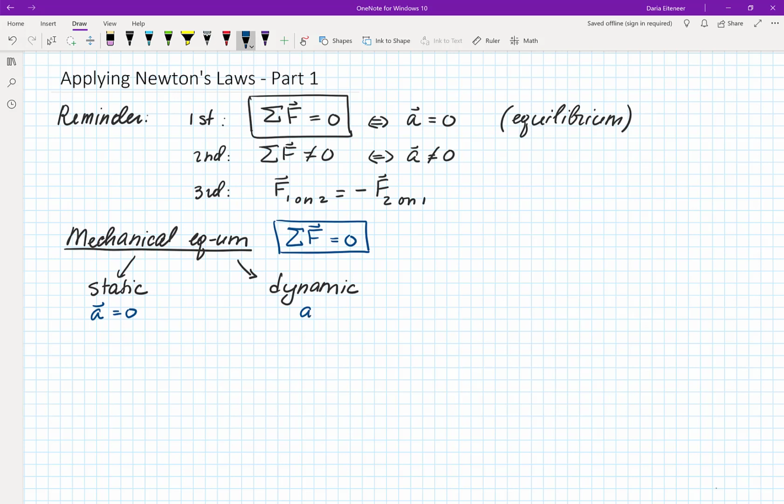The difference is that for static, velocity is also equal to zero, and for dynamic, velocity is not equal to zero. If you remember, we wrote the statement of first law in words: an object at rest remains at rest. That's for static. And the object in motion remains in motion at a constant velocity. That's for dynamic. So I should write that too: velocity is constant, not zero.